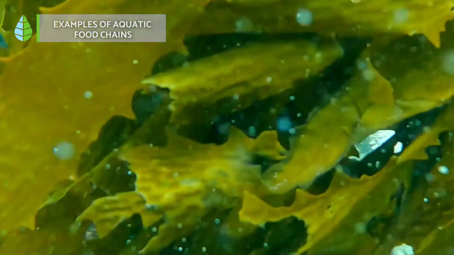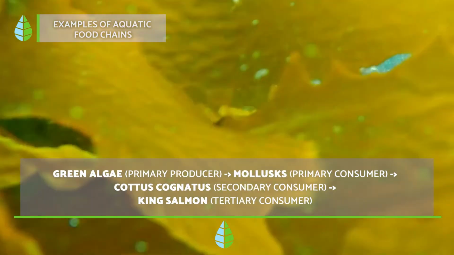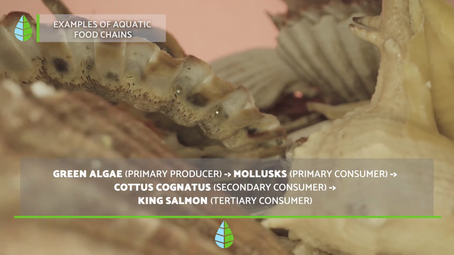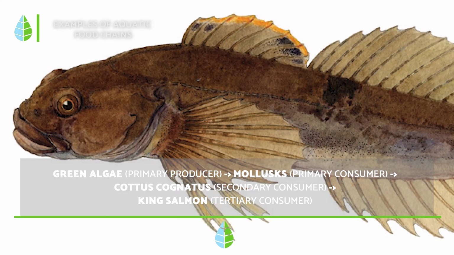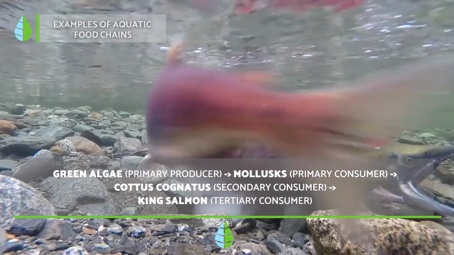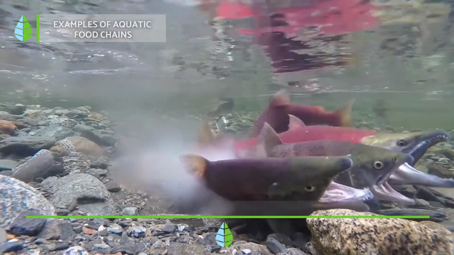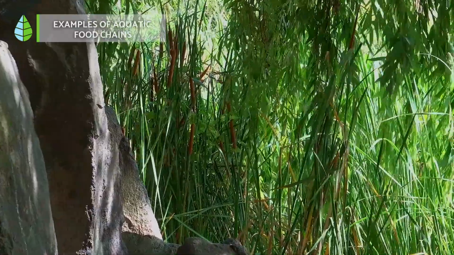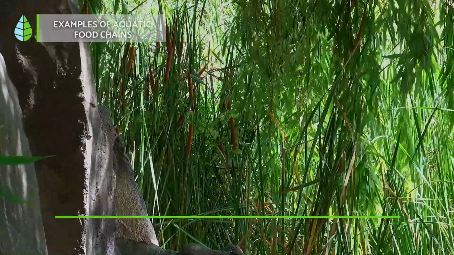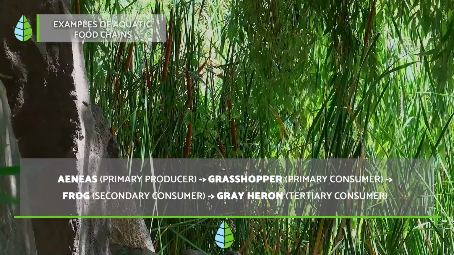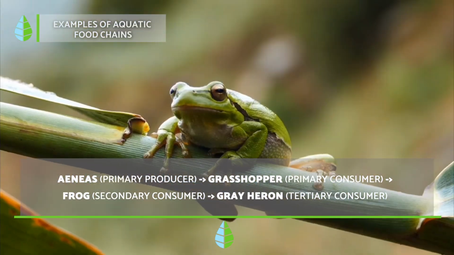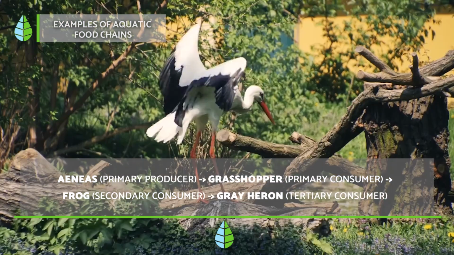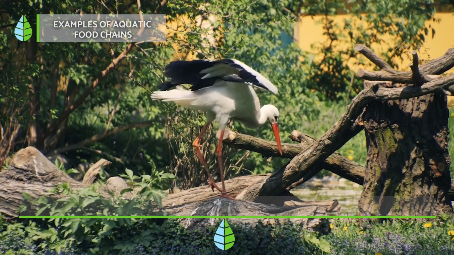Marine food chain example: green algae, primary producer; mollusks, primary consumer; Canis cognatus, secondary consumer; and Chinook salmon, tertiary consumer. Freshwater aquatic food chain example: Aeneas, primary producer; grasshopper, primary consumer; frog, secondary consumer; gray heron, tertiary consumer.